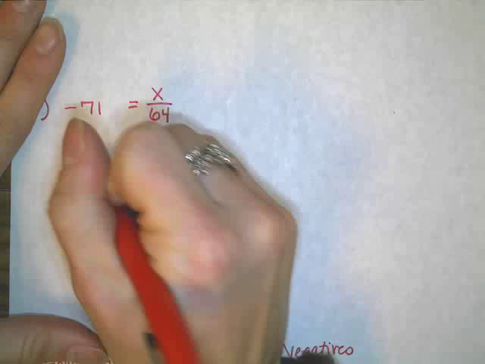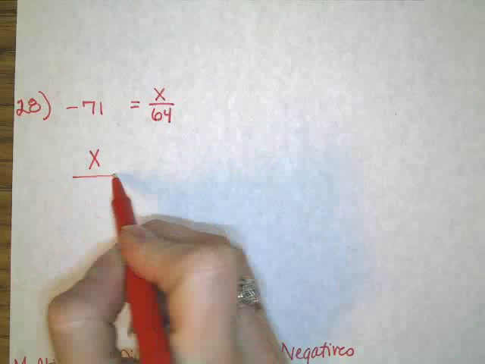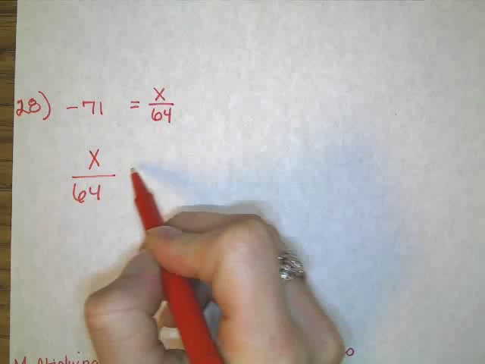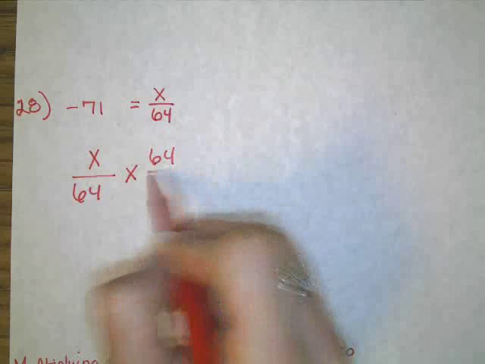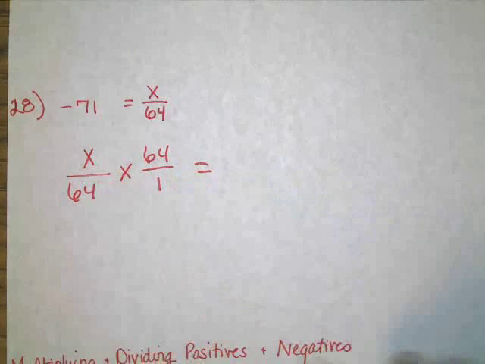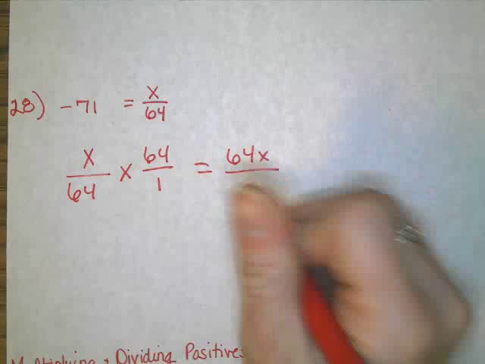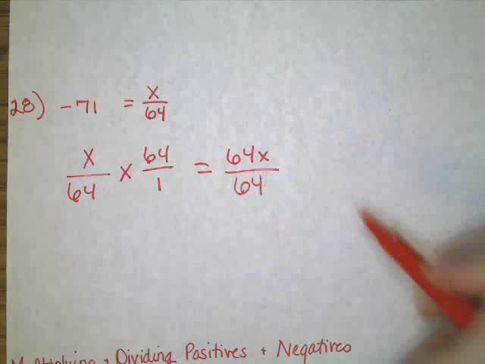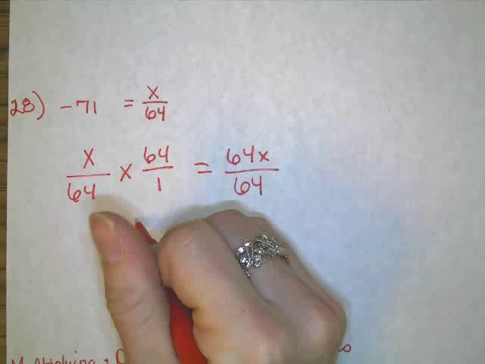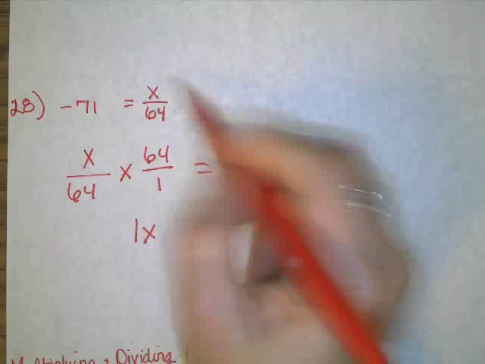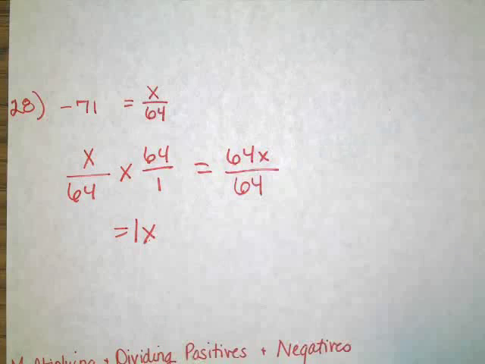So I know that x over 64, I should multiply by 64 over 1. What is 64 times x? 64x. What is 64 times 1? 64. What is 64 over 64? 1, right? So we know that this side of our equation is 1x.